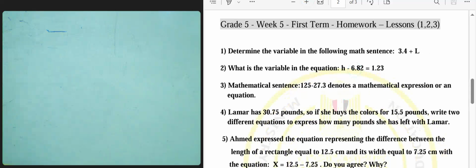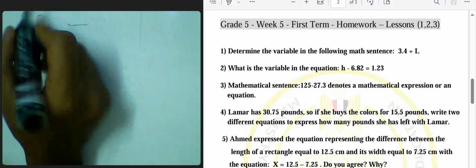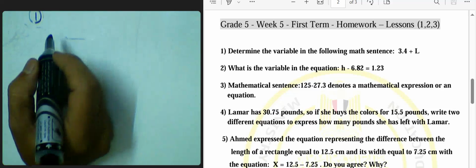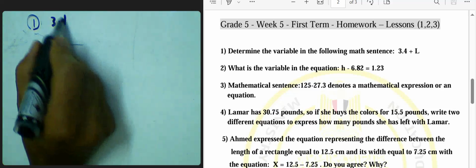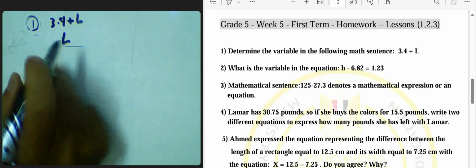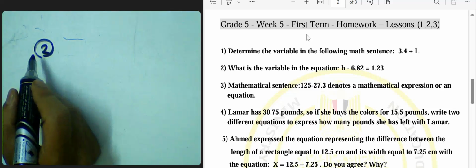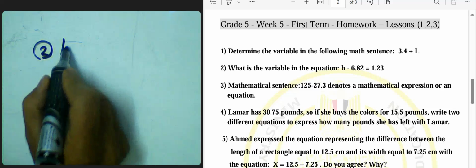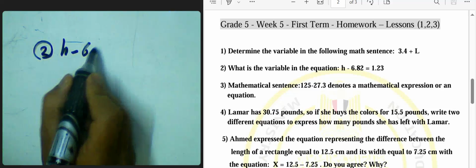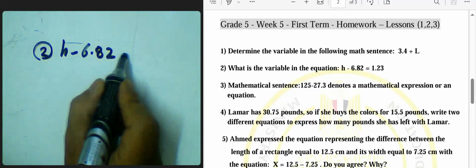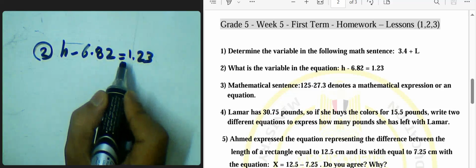Number 1. Here it says determine the variable in the following math sentence 3.4 plus L. I want you to determine the variable, which is the symbol present, so 3.4 plus L, then the variable, your answer, is the L. Question number 2. What is the variable in the equation h subtracted by 6.8 and 2 equal 1.23?